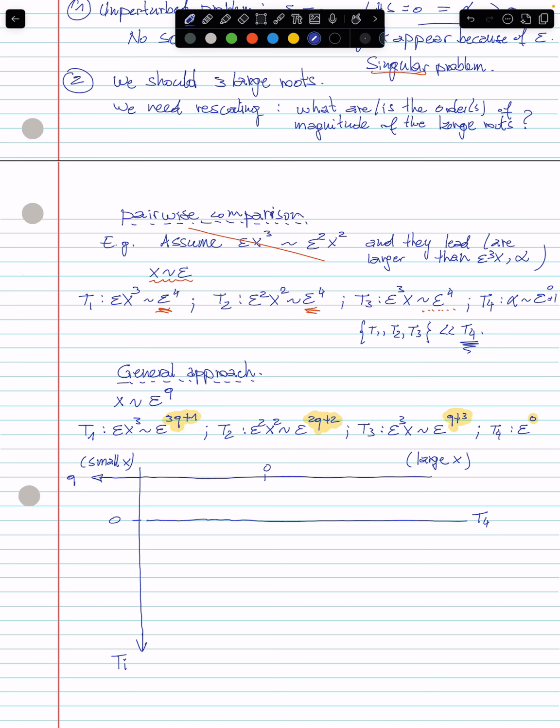Then let me go in reverse. T3, when q is equal to 1, is 4, and when q is equal to 0, it passes through this point, 3. So this is what we have for T3.